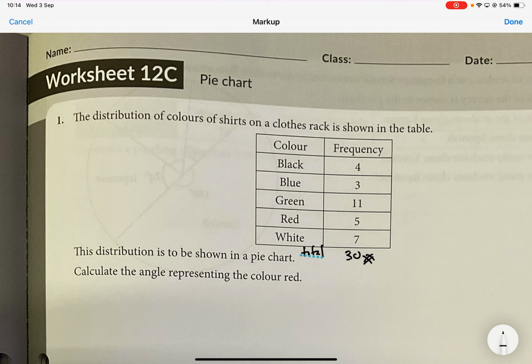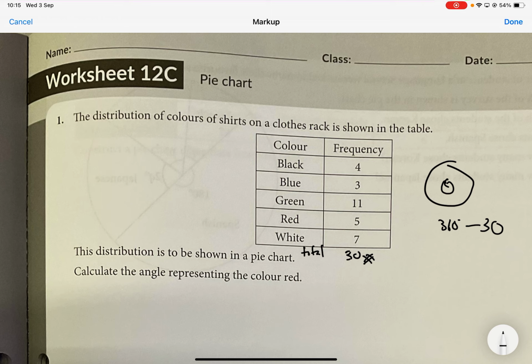So in this question, the whole circle, 360 degrees, is actually representing a total of 30. Then when we draw how big is the black pie, the blue, the green, we go back to each frequency being represented by how many degrees.